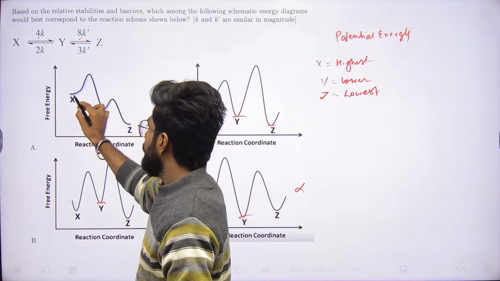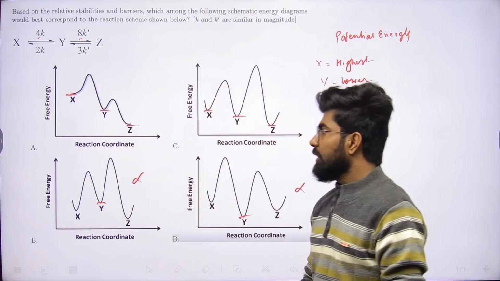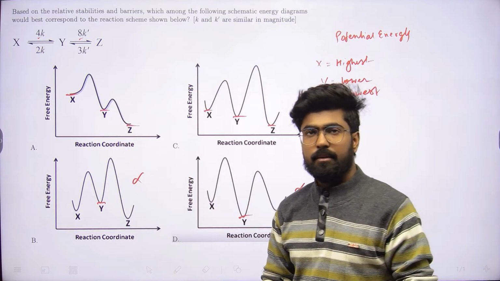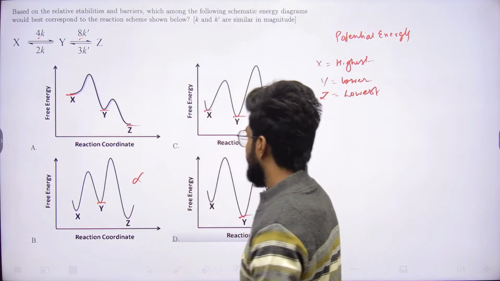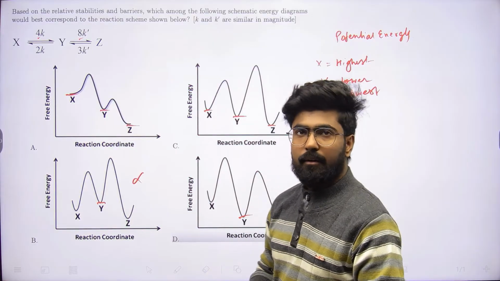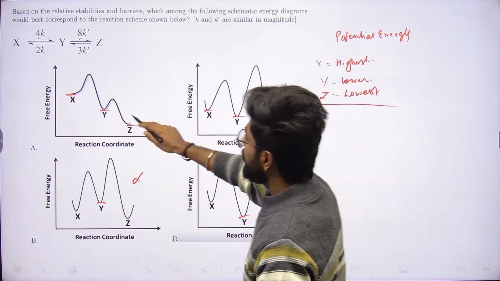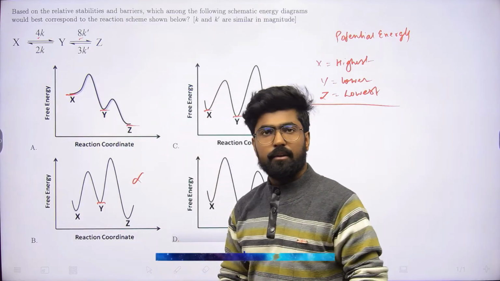Now A is also a perfect candidate because X, Y, Z are having a constant decrease in the free energy, right? So these two are the valid candidates. They have cleared round 1 of your basically competition, right? Now we have to decide which of these two is correct.